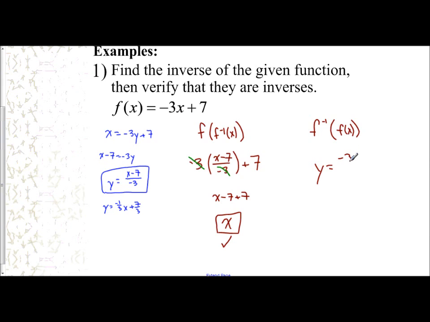So I have negative 3x plus 7, that's this x, minus 7. So I'll put a parentheses so we can see where the x is, minus 7 over negative 3. Well, the 7 and the negative 7 cancel each other out, and you get y equals negative 3x over negative 3.